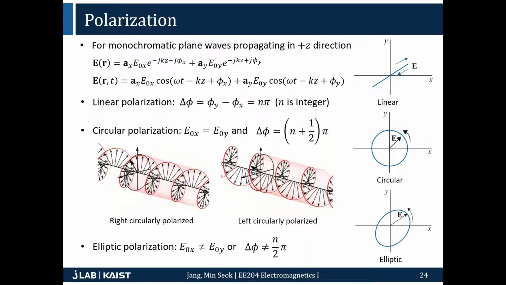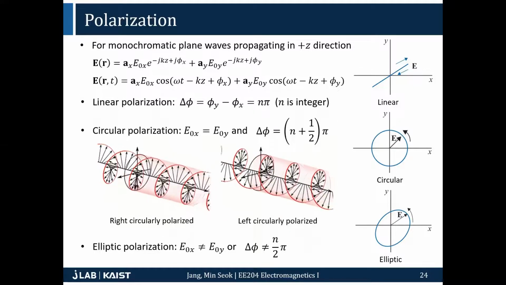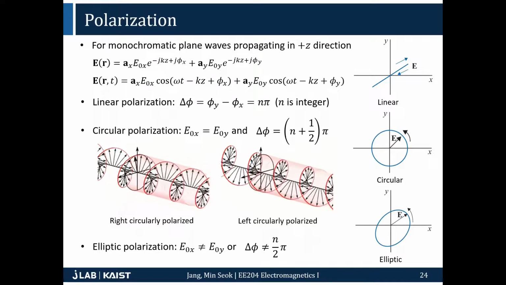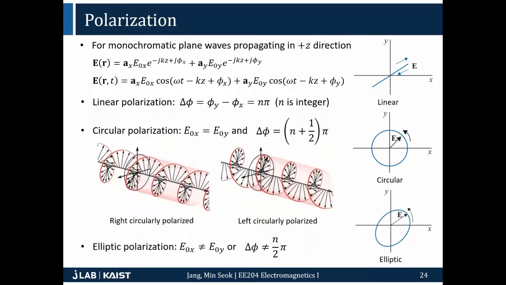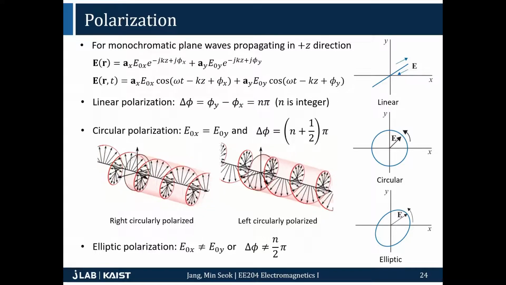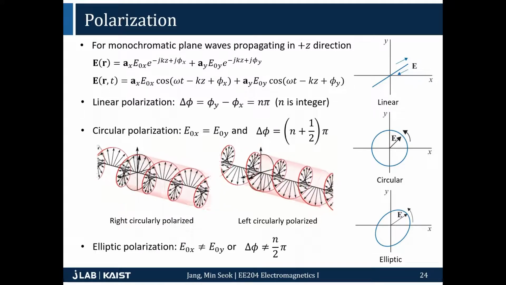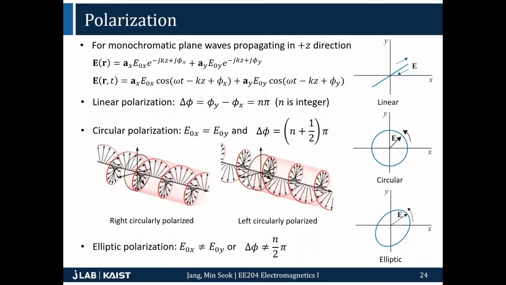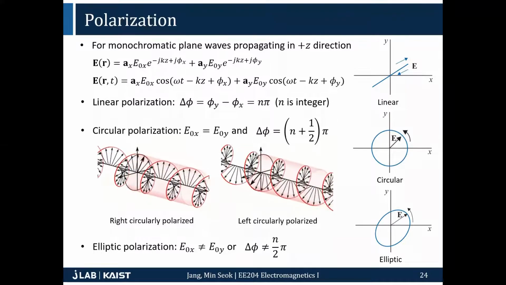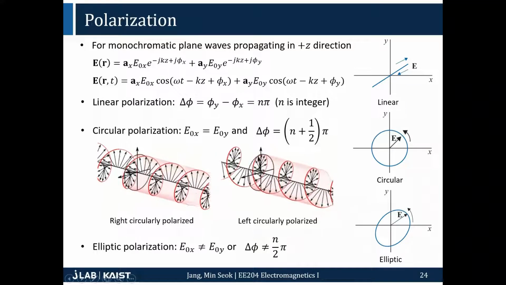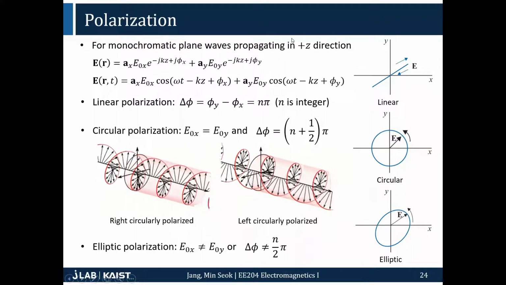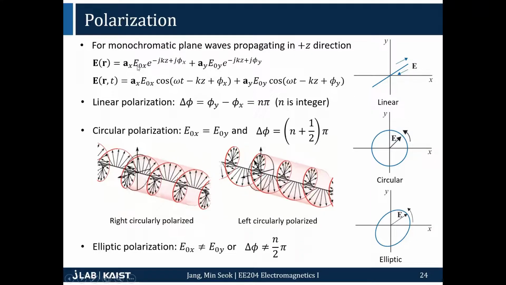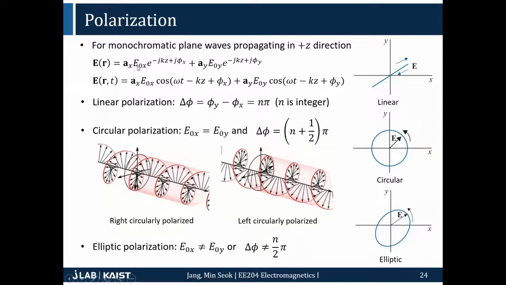We learned about the polarization field in electrostatics, and that's different from this, okay? The polarization in the context of an electromagnetic field is a different thing. So here, as I said, electromagnetic waves propagate along the z direction, and the electric field just needs to be perpendicular to k, right?